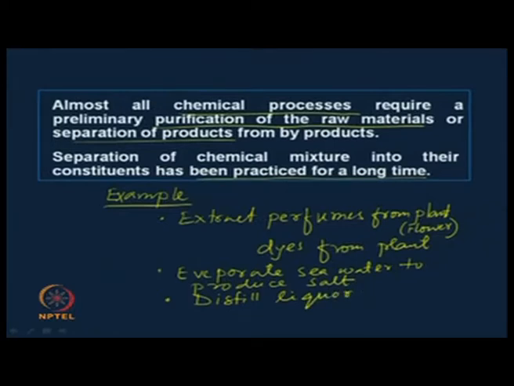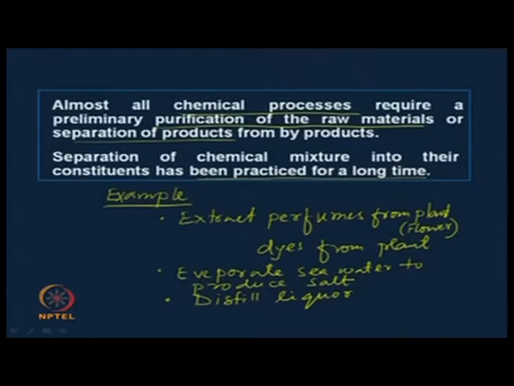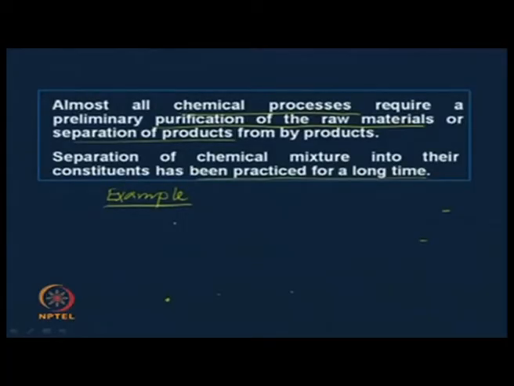So, these are the processes which we use for a long time or practice in our day to day life, and these are the examples of separation processes. If we consider the human body, we can see if we don't have the kidney, the human body could not function for long.